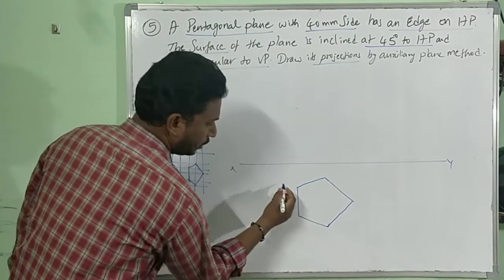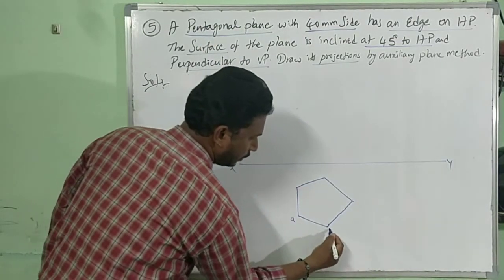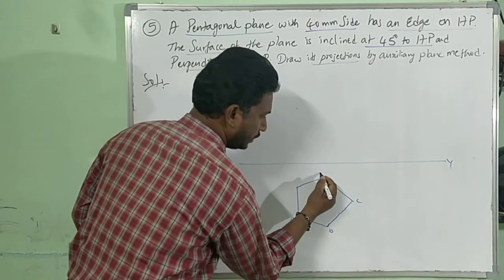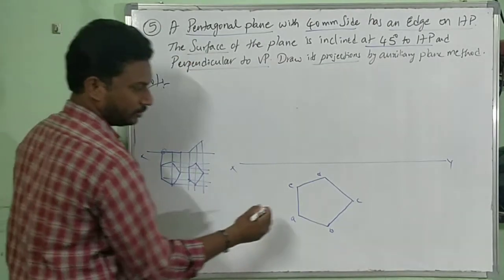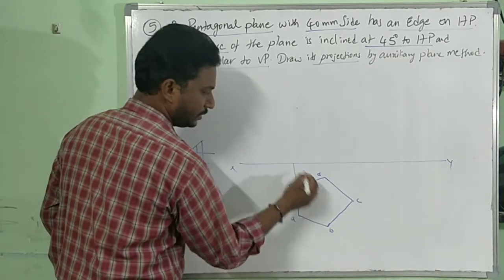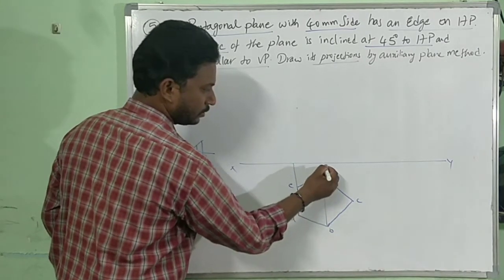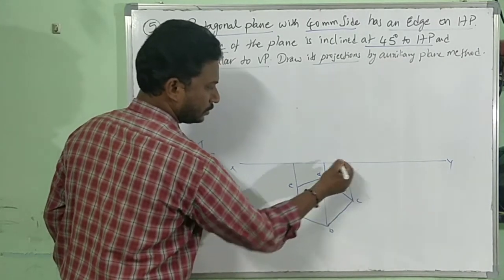Top view, here giving A, B, C, D, E. Front view will be on XY, with projectors from here.